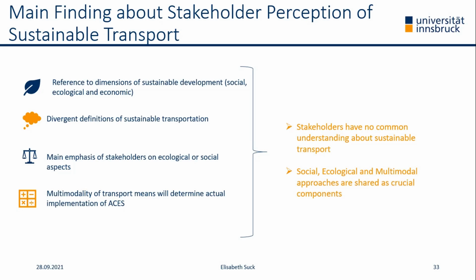Then it was interesting because stakeholders see especially the multimodality of transport means as crucial, because they see this as a way to determine the actual implementation of ACES. They described it as: ACES alone with vehicles won't work.